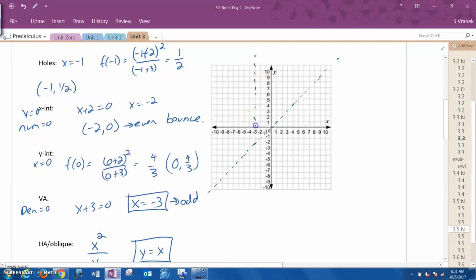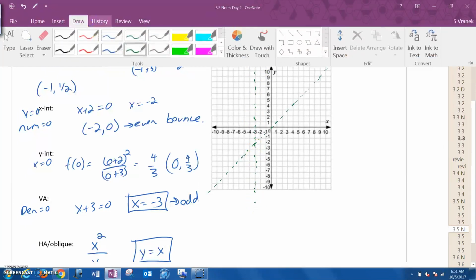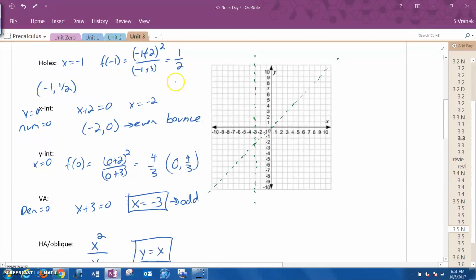And it is odd, which means that it will switch sides. I have some points. I'll put those in red. The hole is at -1, 1/2. So I have a hole here. I have a y-intercept at 0, 4/3, which is right here. And I have an x-intercept at -2, 0, and it bounces.